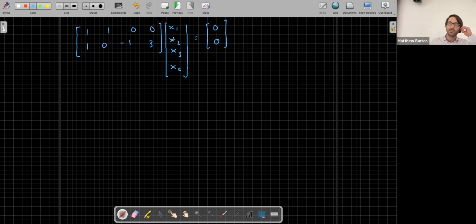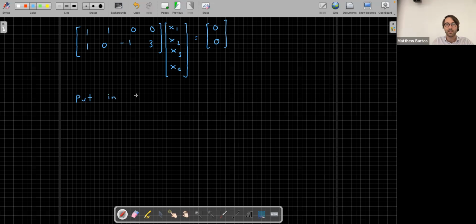There are many ways to solve this problem. I'll give you a systematic way of solving it. You can do this by inspection for smaller problems, but perhaps the easiest way is to first put the system into reduced row echelon form, which you may remember from undergraduate.